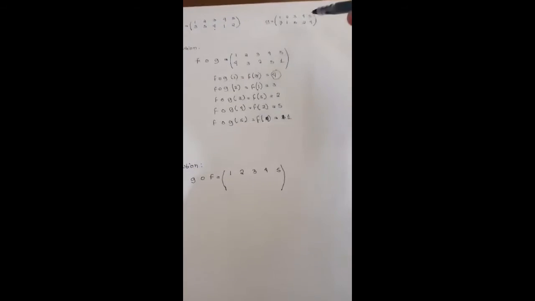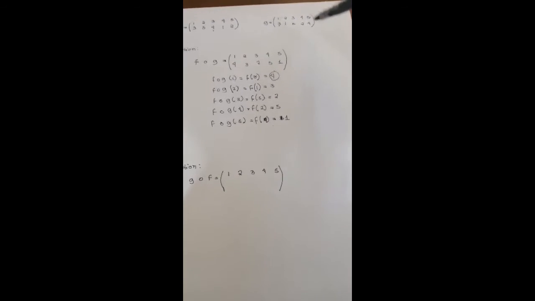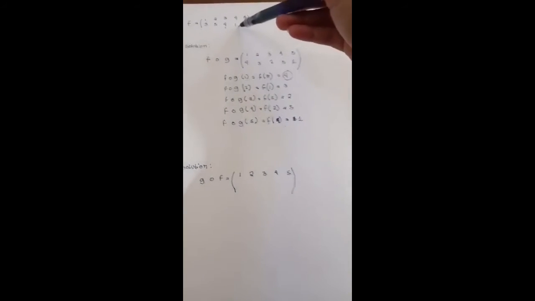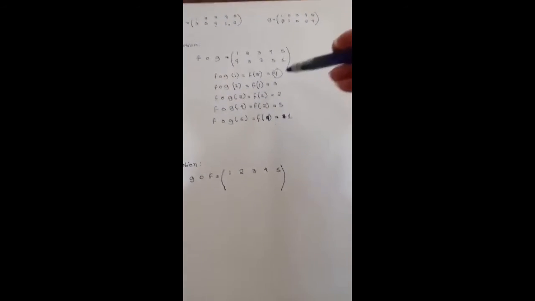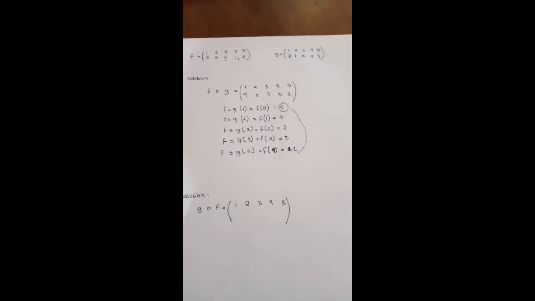Here, the g map is 5 maps to 4 and then 4 maps to 1. If you go back, 1 maps to 3. So that is what we call cycle notation. We will discuss this after this example.